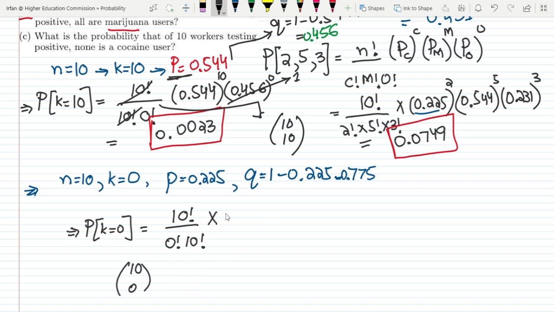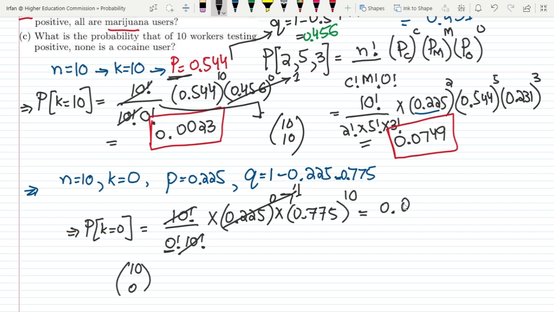So the probability is 0.225 raised to the power 0, and the other one, which is q, is 0.775 raised to the power 10. In order to calculate it, these two will cancel out, it would be 1. So we only have to find 0.775 raised to the power 10, and the answer is 0.0782. That is the solution of part C of my question.